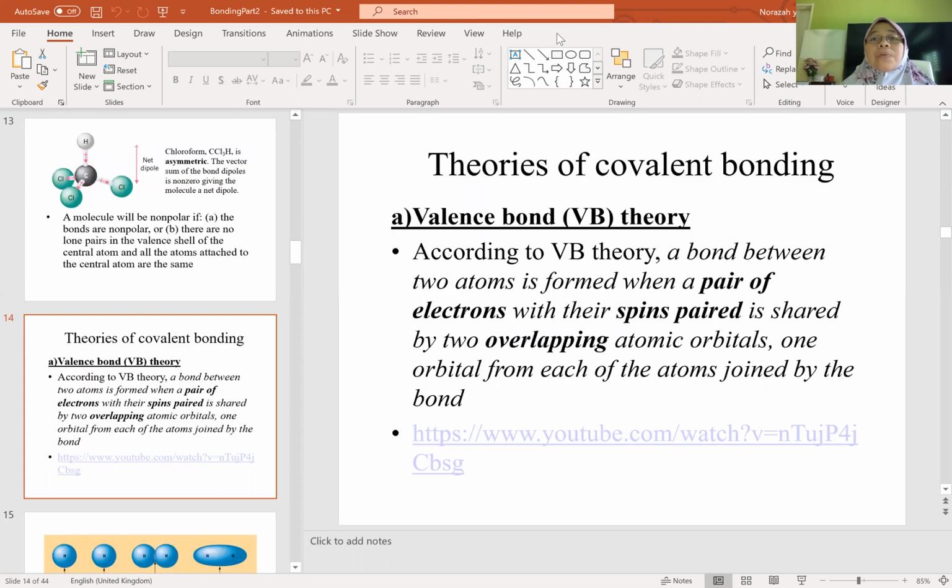So from there, we can conclude that the principle of VSEPR is that the atoms are arranged as far as possible from each other to reduce the potential energy.